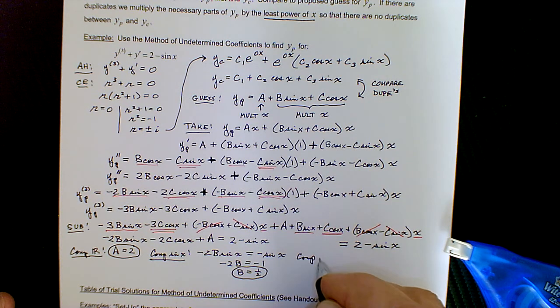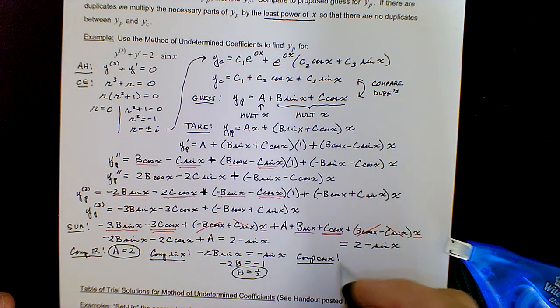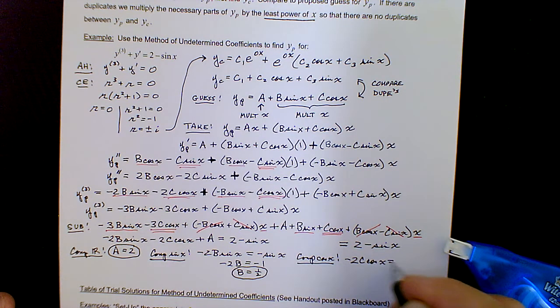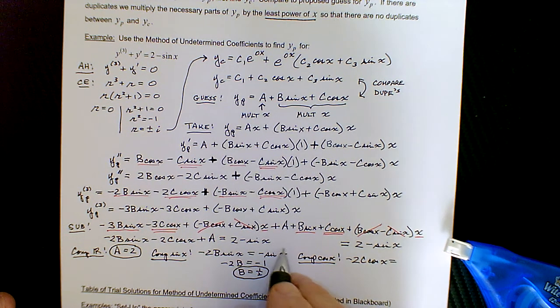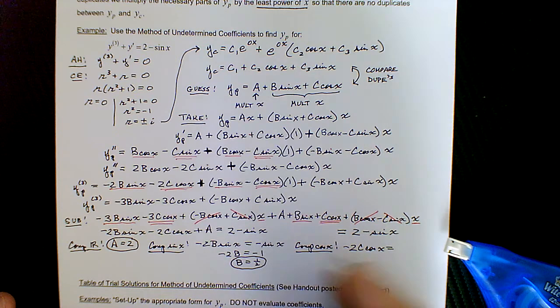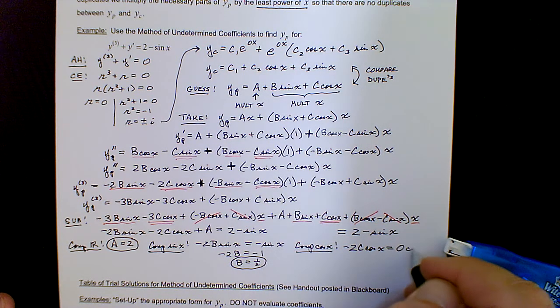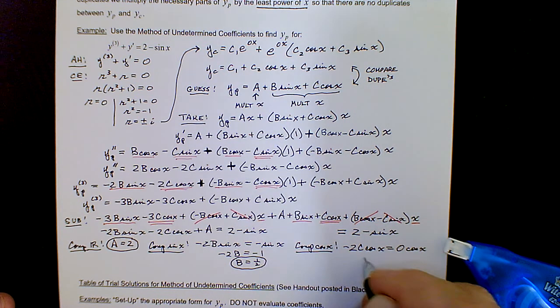And comparing the cosine of x, we have minus 2c cosine x equaling, okay, there are not any cosine x's on the right, so 0 cosine x. So minus 2c is 0, and c is 0.